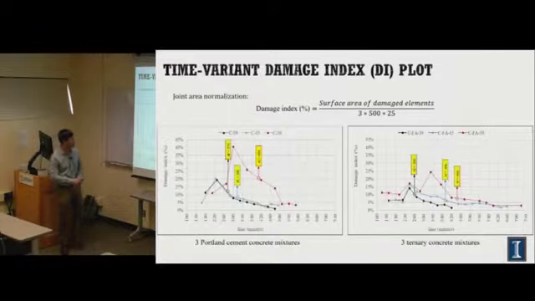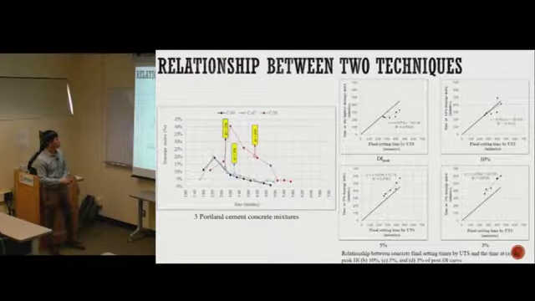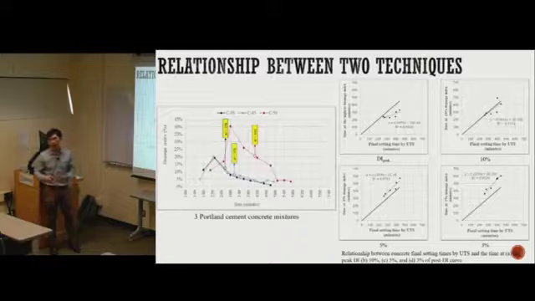Here on the left side is the damage index of 3 Portland cement concrete mixes, and the other side is the 3 concrete mixes with fly ash and different water-cement ratios. I will correlate what I found in the computer vision quantified damage with the setting time found by the ultrasonic.